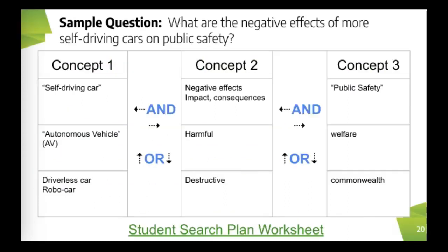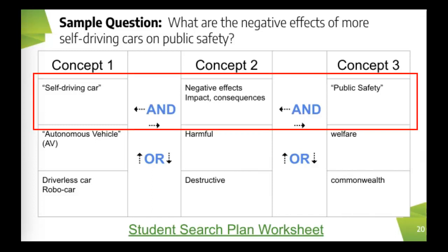Here is a sample concept chart based on a sample research question. It's not a fantastic research question, and maybe I'll see this as I do my concept chart. Notice that I've placed the three main concepts for my question in order of importance on the first row. I could do a search in a database for "self-driving car" and "negative effects" and "public safety," all in quotes.